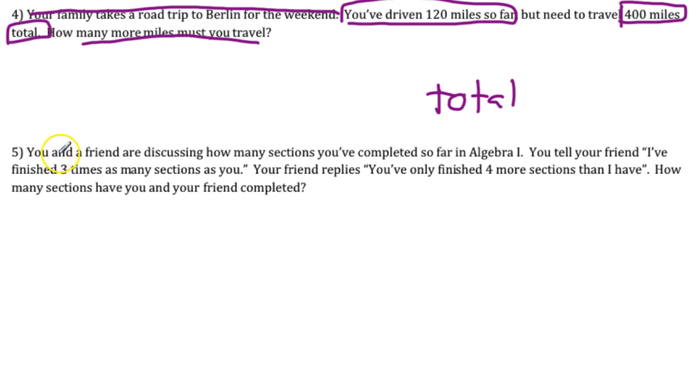Number 5. You and a friend are discussing how many sections you've completed so far in Algebra 1. You tell your friend, I've finished 3 times as many sections as you. Your friend replies, you've only finished 4 more sections than I have. How many sections have you and your friend completed? Alright, doesn't matter that you're talking about Algebra 1.